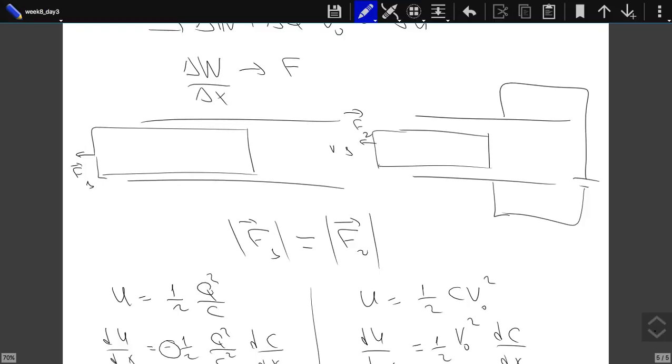Whether you connect it to a battery of potential V0 or not doesn't change anything. So the force should be the same whether you connect it to a battery or not. Of course, that is something I should have stated. So this is Q, this is V, and Q is equal to C times V, Q0, V0. This is always satisfied.